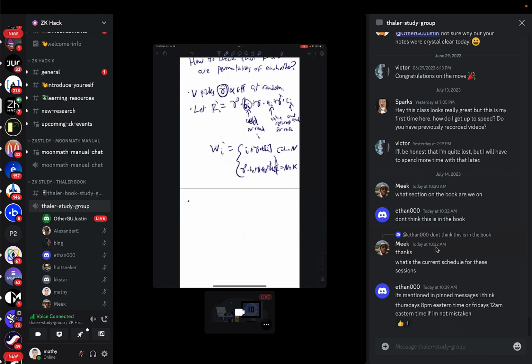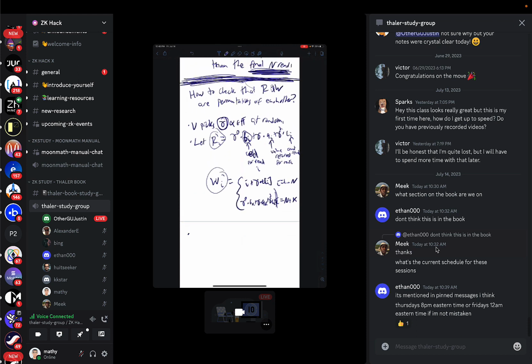This was just a long way of saying that we replace each tuple in R and W with a Reed-Solomon fingerprint, and then V checks whether the permutation invariant fingerprints of R prime and W prime are the same. So whether the product over all entries of R prime of alpha minus R prime equals the same thing for W prime.